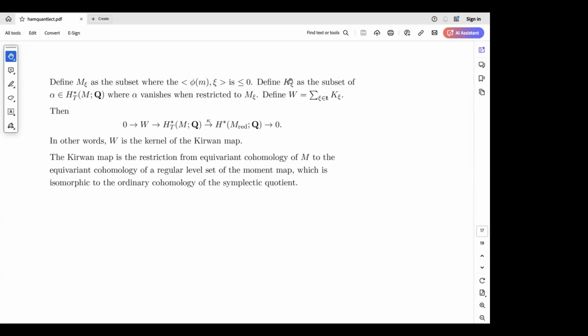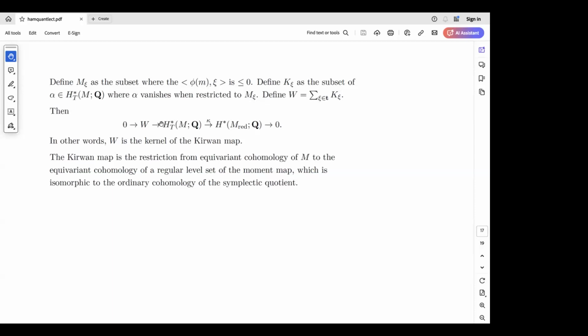And we define K sub psi as the subset of alpha in the equivariant cohomology of M where alpha vanishes restricted to M sub psi. So W is the linear combinations of all of the K sub psi, summing over all psi.